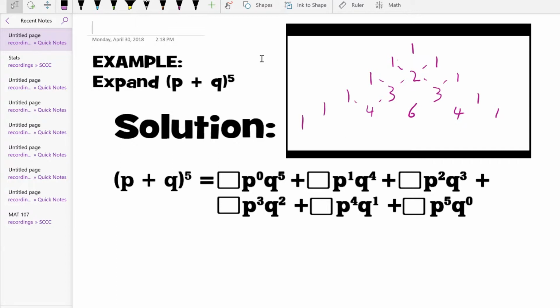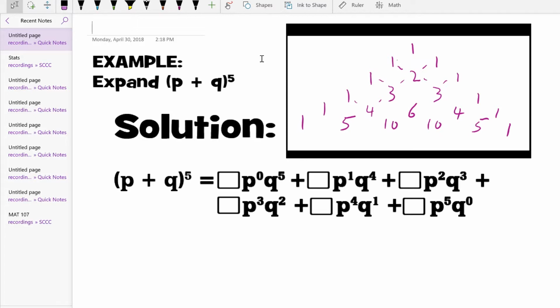We put 1s down, and 1 plus 4 is 5, 4 plus 6 is 10, 6 plus 4 is 10, 4 plus 1 is 5, and I want you to notice here that there is a 5 here, and there is a 5 here. That's how you know that it is time to stop.